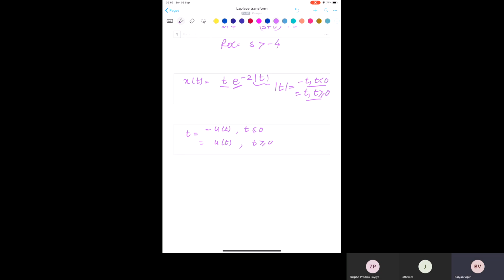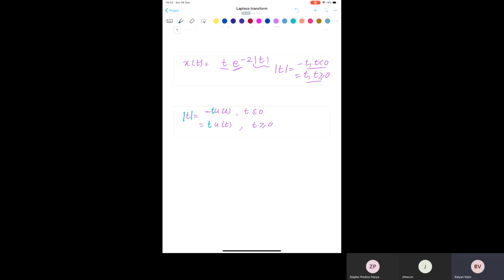When I'm saying u(t), I need to bring the effect of this t also, so it will be t into u(t). This is another way of writing it. If you don't want to write it in the form of u(t), you can use this from here.